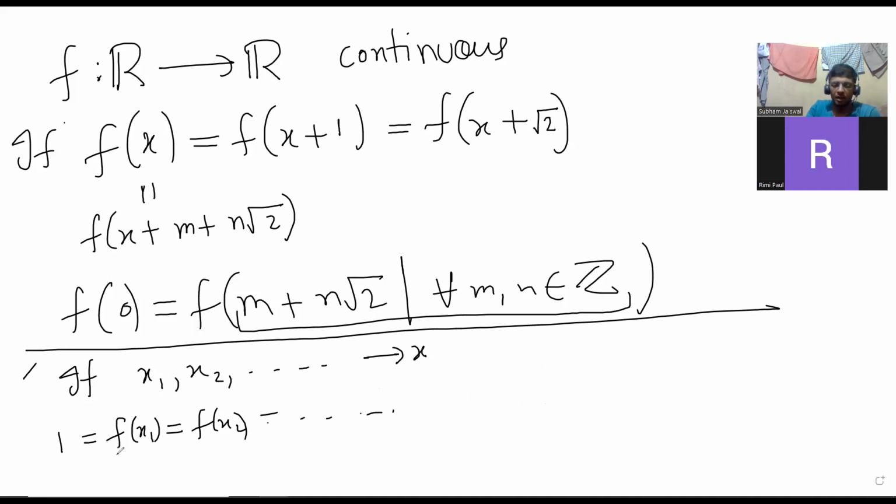X1, X2 all converge to X. How can you say that f(X1) is equal to f(X2)? I am also saying this is given.